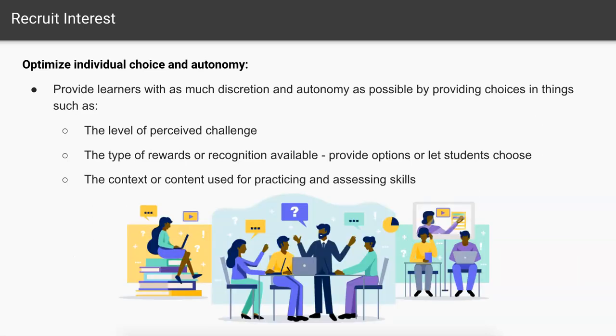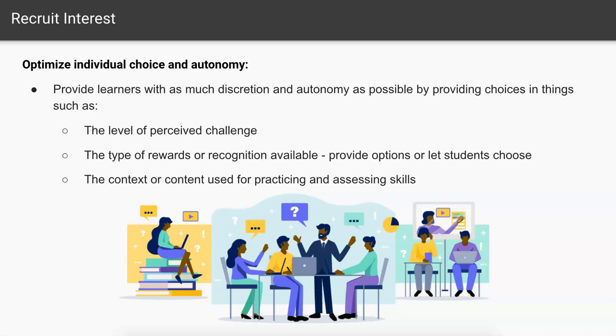You'll also want to provide choice and autonomy towards the context or content used for practicing and assessing skills. So don't tunnel vision specific skills into one assignment or topic. Provide options for achieving a goal, whether that be through independent research and study, group discussion, and active learning, or in pairs. Allow students to choose how they want to participate.